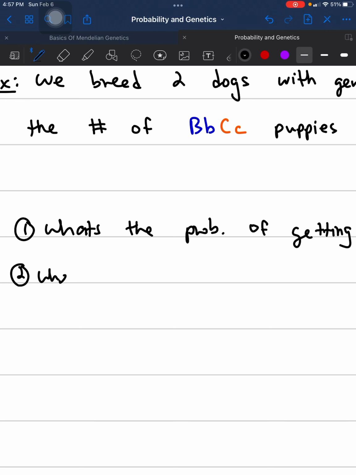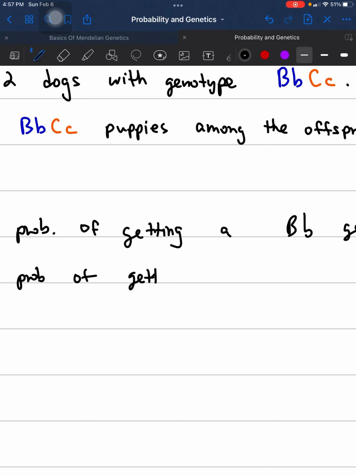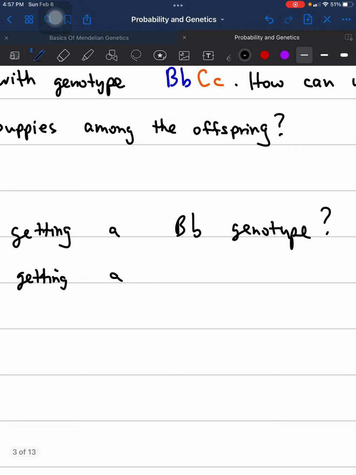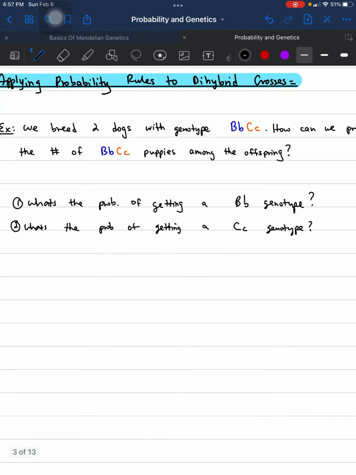And the second question is, what's the probability of getting a capital C, lowercase c genotype?